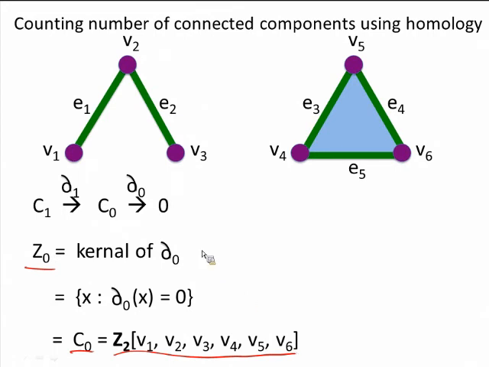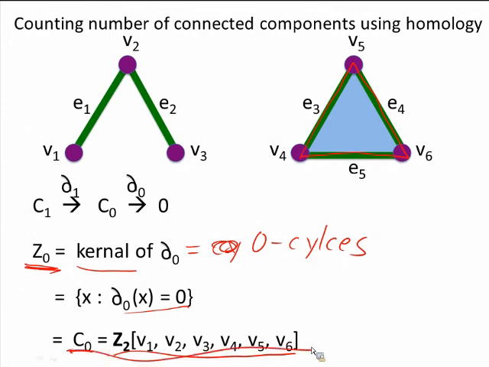We also will call these cycles. They're actually 0 cycles. So that'll make sense later on, because when we do our boundary of C1, this will be a 1 cycle. And so we can also have 0 cycles, 2 cycles, just things that don't have boundary, where the boundary is 0. And so computing our kernel in the case of Z0 is very easy because it is absolutely everything. None of the vertices have boundary. Any questions there?